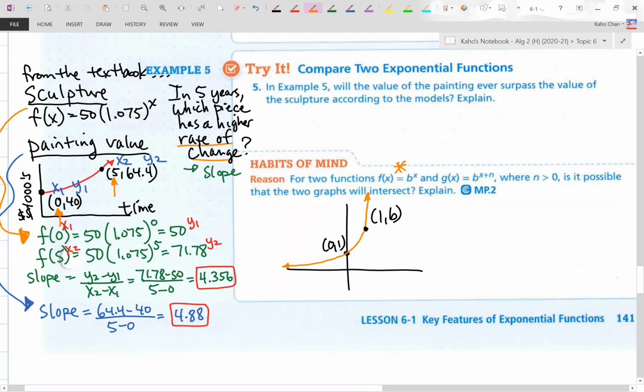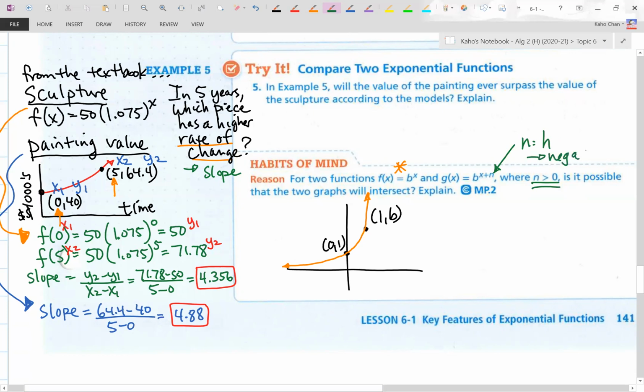What happens if you throw in an n value? That n is positive. You know, like x plus 3 or x plus 5 or x plus 9. Now, if it's plus 3 or plus 9, what's going to happen is that it's going to be shifting to the left, because the n value is the h value, which will be negative, right?